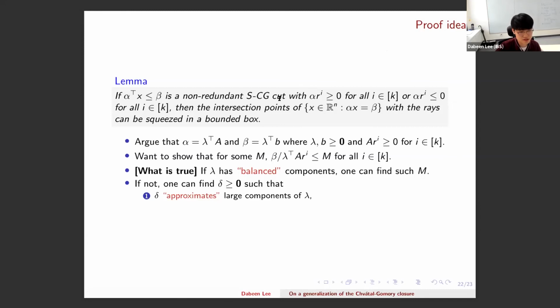If you have an integer program that has some bounds on variables, then if you just take integer points satisfying those bound constraints, that will be a good candidate for your set S. But computing the corresponding SCG cut, do you think that is a good S? Okay, go ahead.